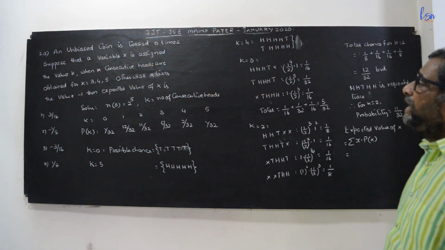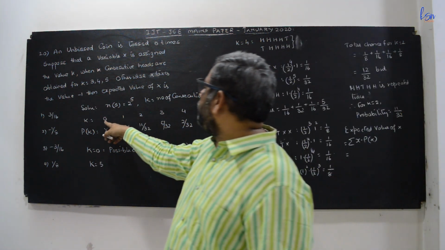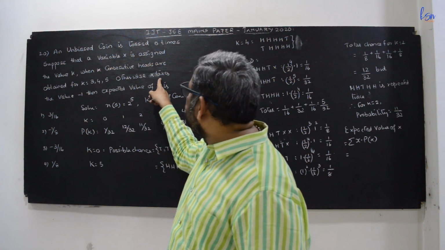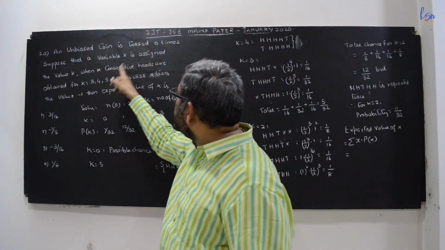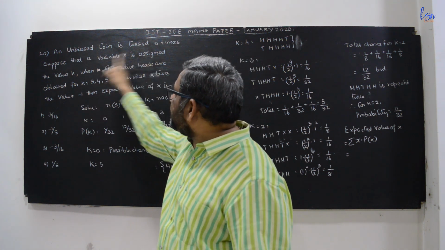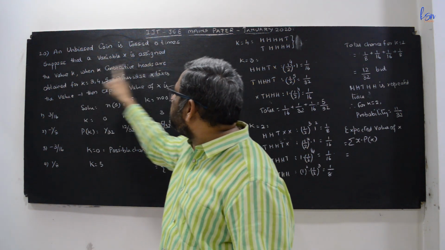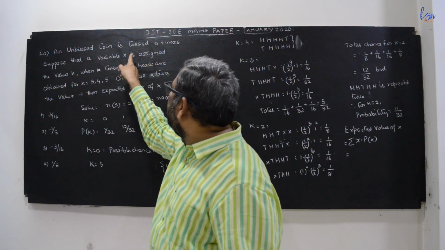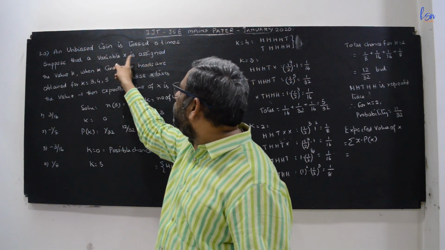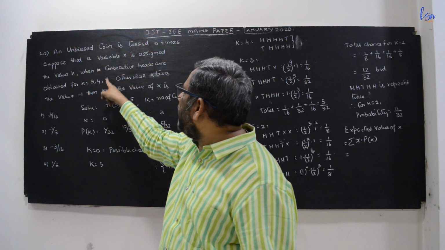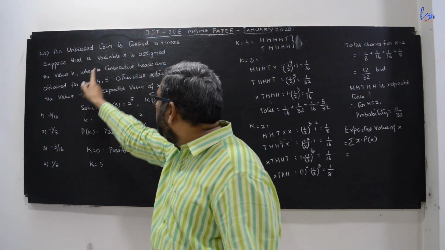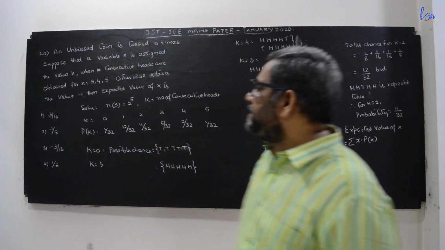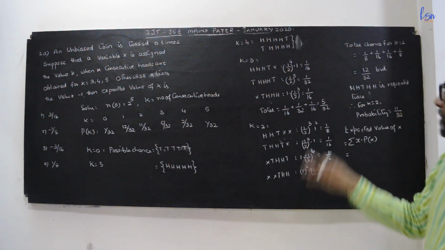Whenever k equals 0, 1 or 2, x takes the value minus 1, and for k equal to 3, 4, 5, x takes the value k. When k equals 3, x is 3. When k equals 4, x is 4. When k equals 5, x is 5. But when k equals 0, x is minus 1, and for 1 and 2 also it is minus 1.